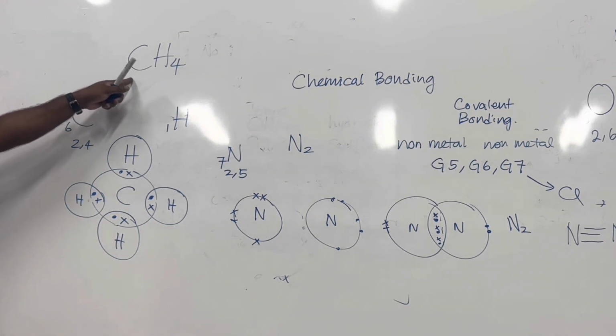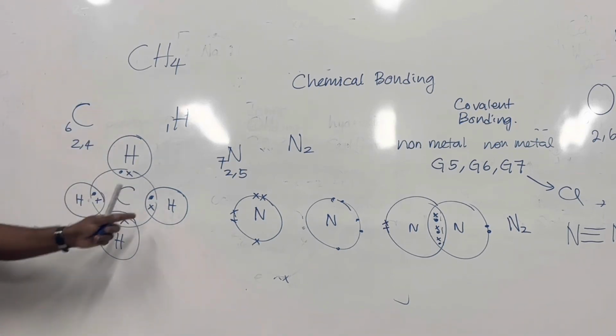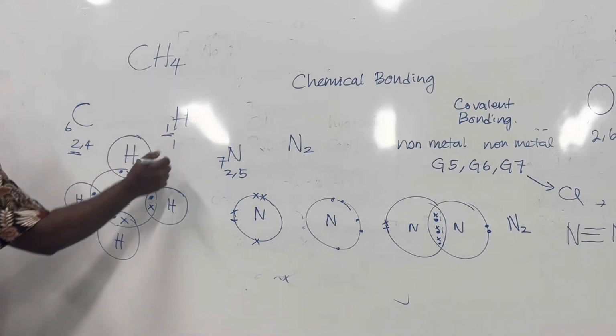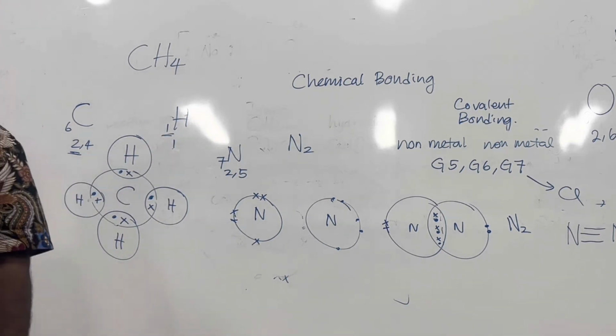And you can see, for hydrogen alone, 2. Hydrogen will not follow octet. Why? The first shell must always be 2, followed by 8, 8, and so on. So hydrogen is 1. To complete the first shell, you just need one more electron only.